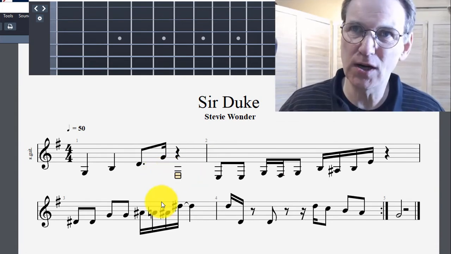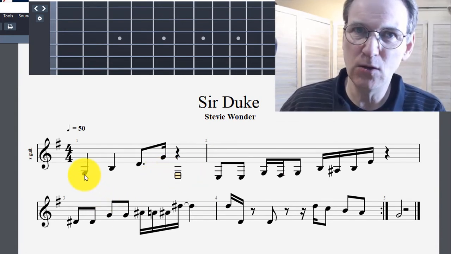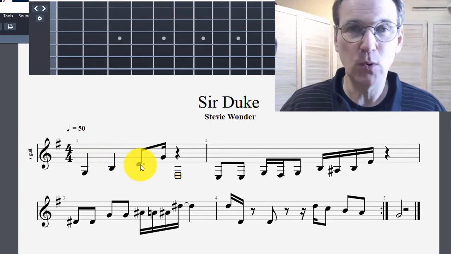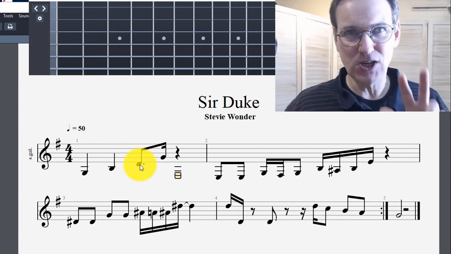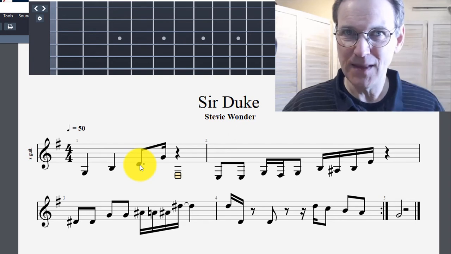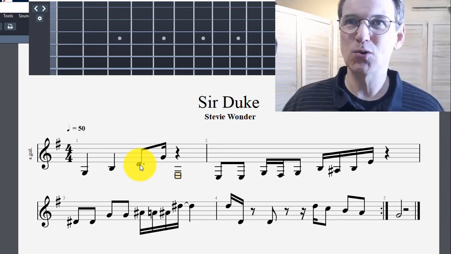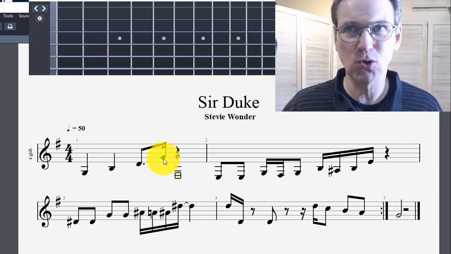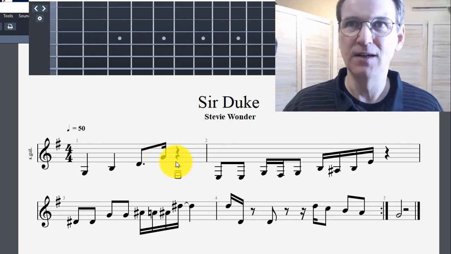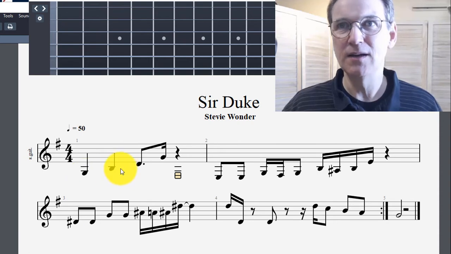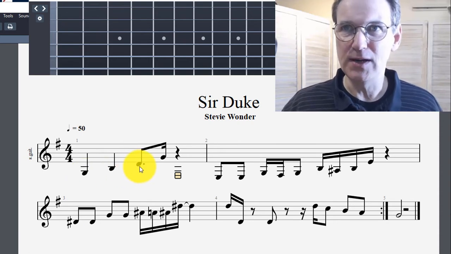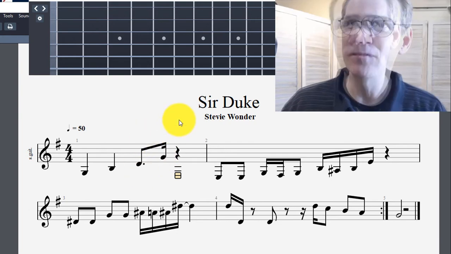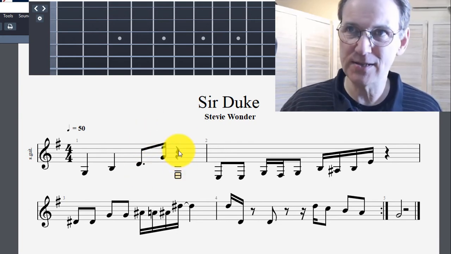Let's take a look here. Here we would count 1, 2. Now when you get to this one, this is actually equal to 3 16th notes. So then you would count 3E and then this next note you would play on the a. So it would go 1, 2, 3E and a. So that's the first measure. Then of course you would count the rest.